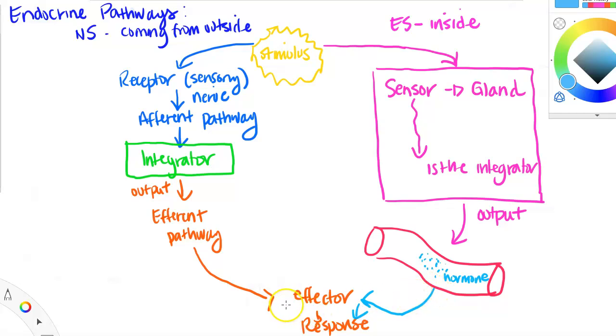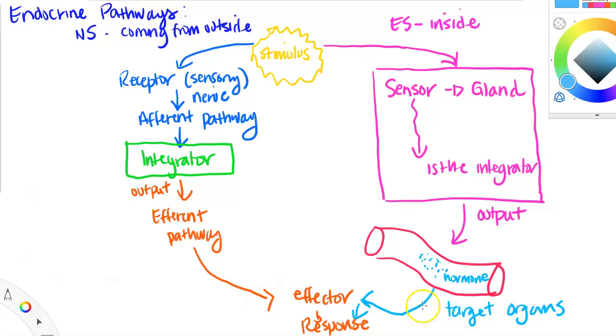So where the nervous system is specific, so it's going to go to a specific effector, the hormone can go to many. So the target is more target organs, whatever cells have that receptor.